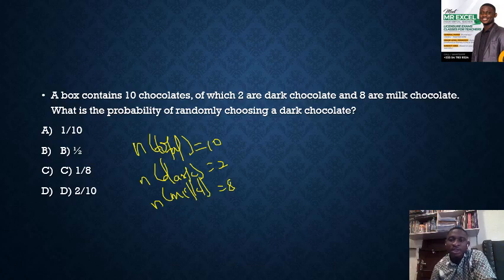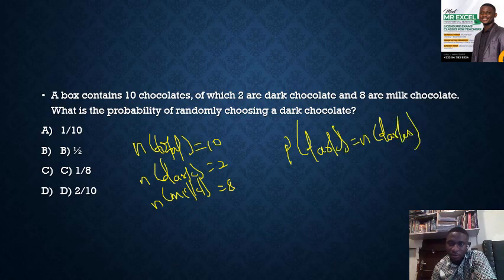What is the probability of choosing at random a dark chocolate? So probability of getting a dark chocolate is equal to n of darks over n of the total. How many dark chocolates did we see? We saw 2. How many total? 10. So 2 on 10 simplified as 1 out of 5.